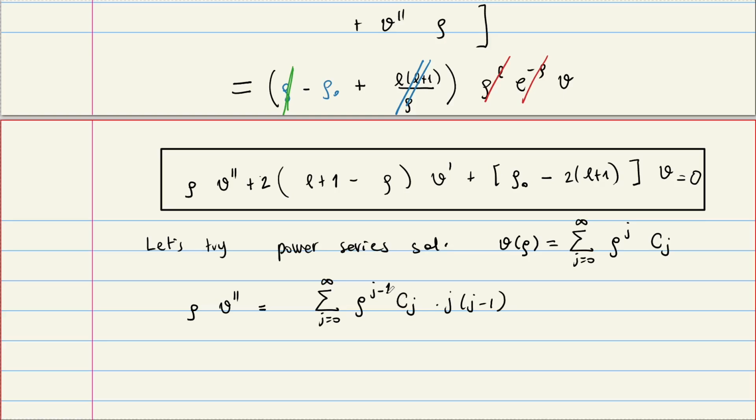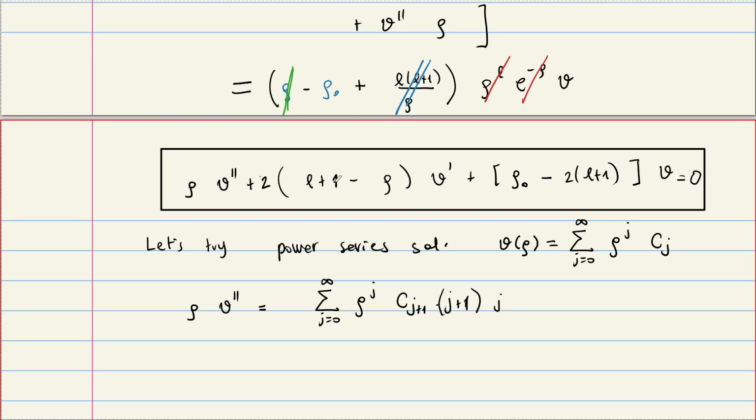And at the end, the goal is to write everything in terms of rho to the power j, so that we can combine them. Here, then I need to shift the indices. Whenever I see j, I need to shift it by 1. So this one is going to be j, this one is going to be j plus 1, and this one, j plus 1 minus 1, is going to be j. Okay, so we have the first term.